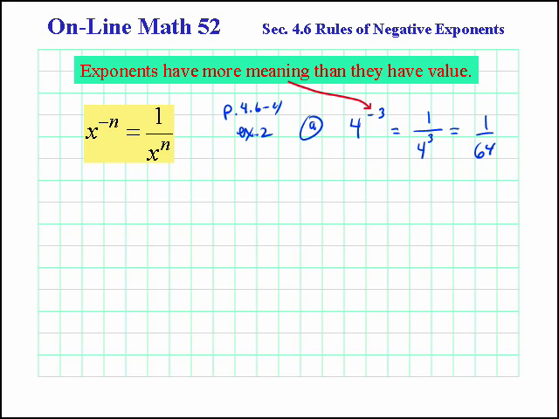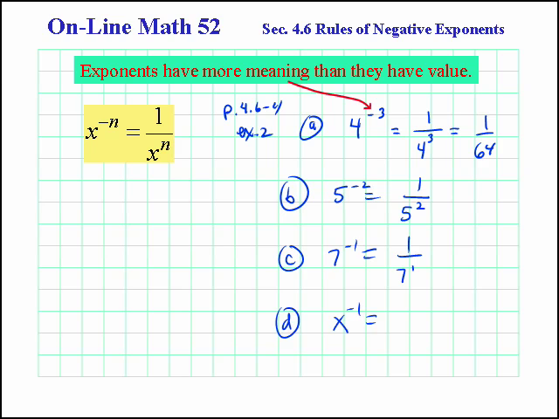Okay? Let's see. What other examples do we have here? Example B says 5 to the negative 2. That's 1 over 5 squared. And 7 to the negative 1 is 1 over 7 to the 1. And letter D here, x to the negative 1 is 1 over x to the 1.